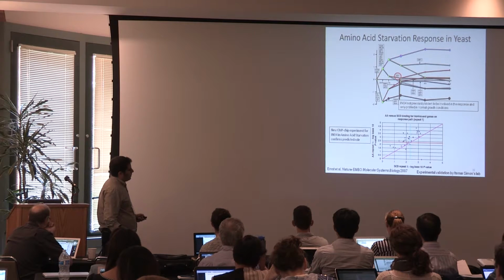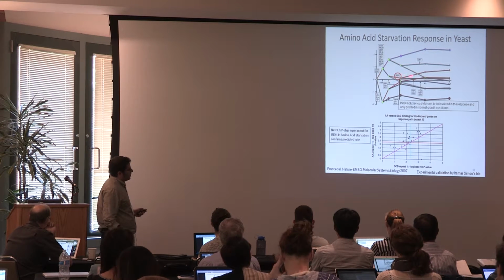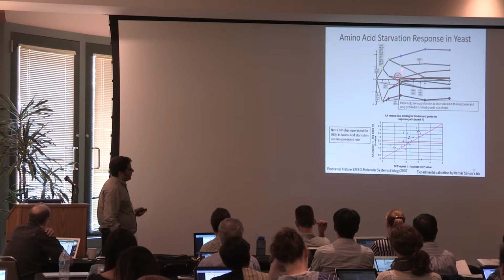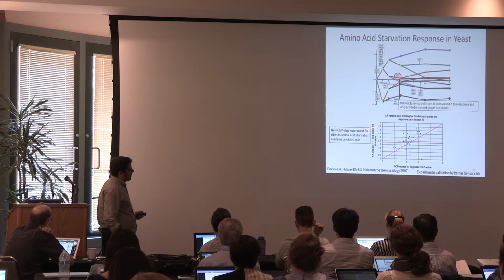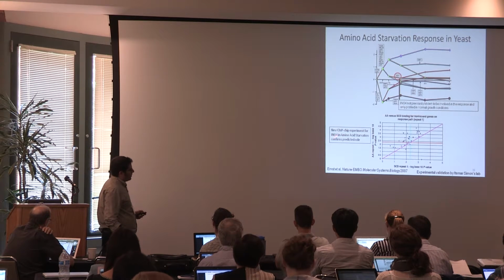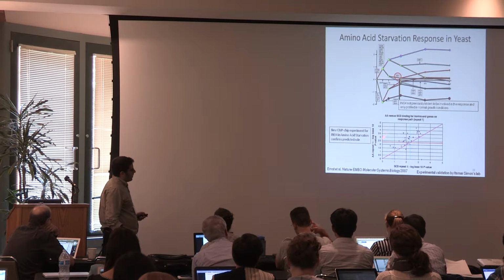So what we did, to validate that this transcription factor was potentially having a role in amino acid starvation response, in collaboration with Idemar Simon's lab, they did a new ChIP-chip experiment for INO4, specifically in amino acid starvation response.